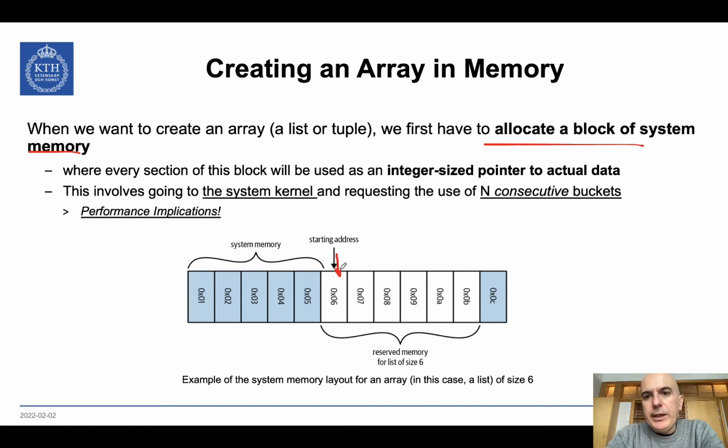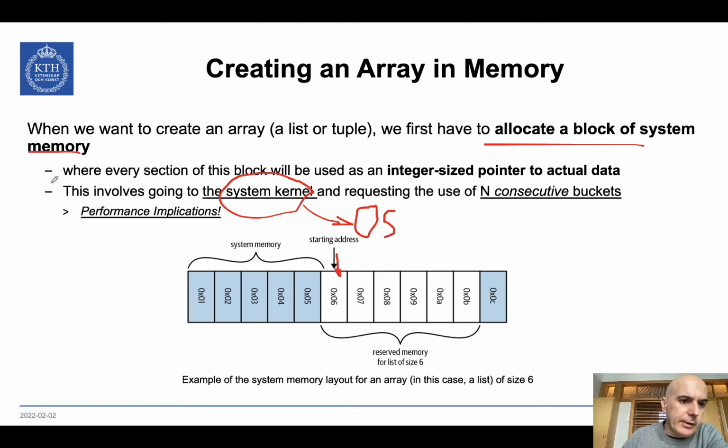When we allocate memory in Python, this involves a system kernel call to the OS, right? So we get out from our Python and then we call the OS. We talk to the OS, requesting the use of n consecutive buckets, depending on how many array elements we want.